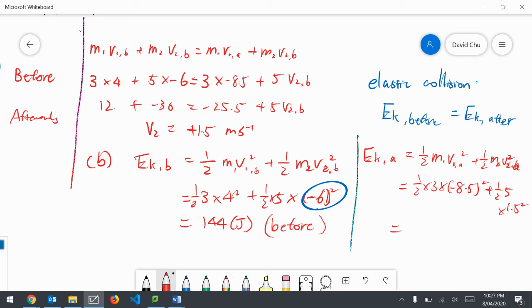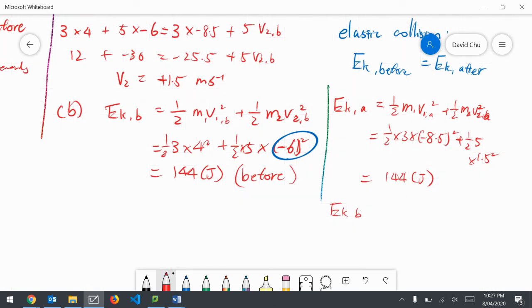And you find that all that also equals 144 joules. So you have EKB equals EKA. Hence, it's an elastic collision.